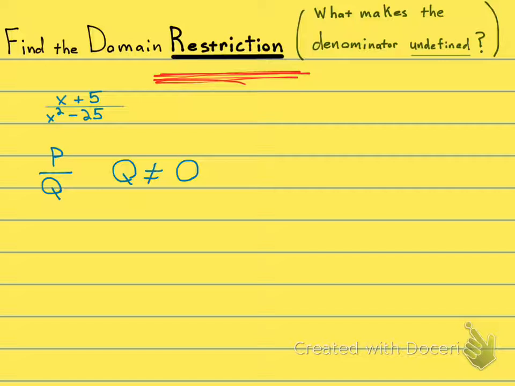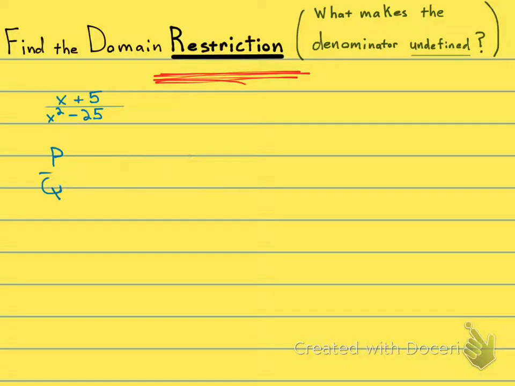You want to plug in a 2? Yeah, plug in a 2. You want to plug in a 7? Yeah, plug in a 7. But in this case, there are some numbers that I cannot plug in because if I do, I'll get a 0 in the denominator. So let me show you how to find this.